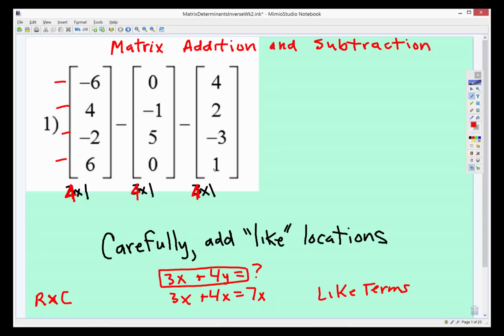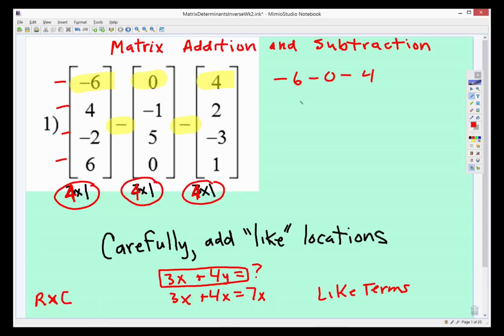So each matrix is a 4 by 1. If each matrix is identical in size, you can go ahead and add and subtract. And here's the key thing to remember: it's location, location, location. The top item, subtract the top item, subtract the top item. So -6, subtract 0, subtract 4.